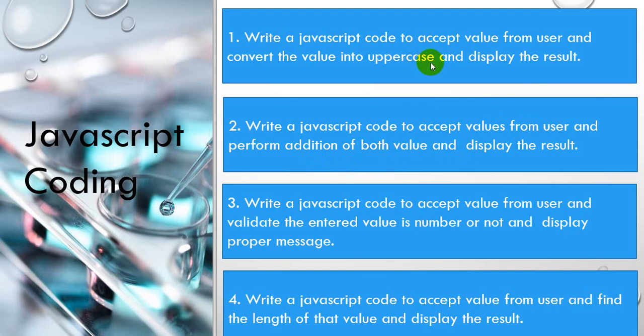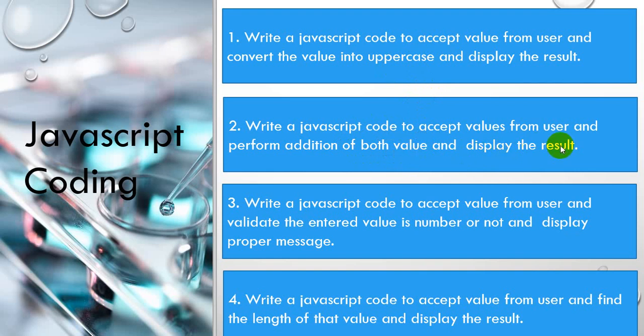In the first question we had to take only one variable to accept a value and convert it into uppercase and lowercase. Now in this question we have to take two values, because we have to perform addition of both numbers. At least we need two numbers to perform addition, and we have to display the result.